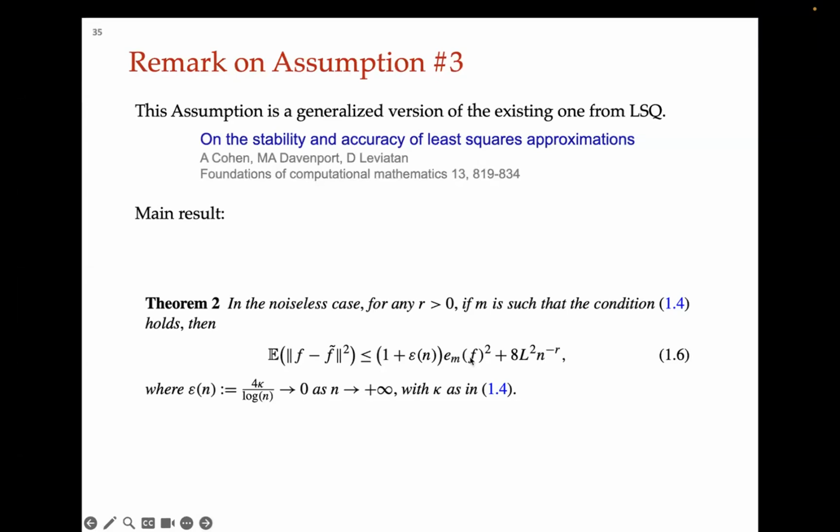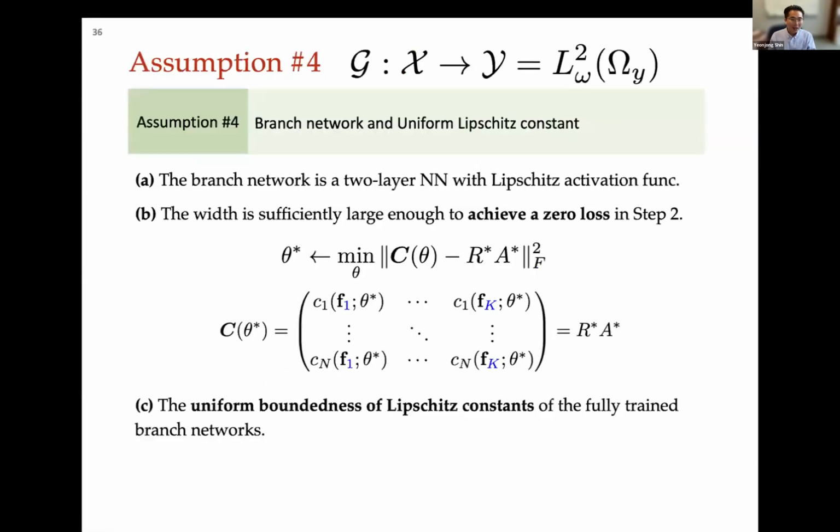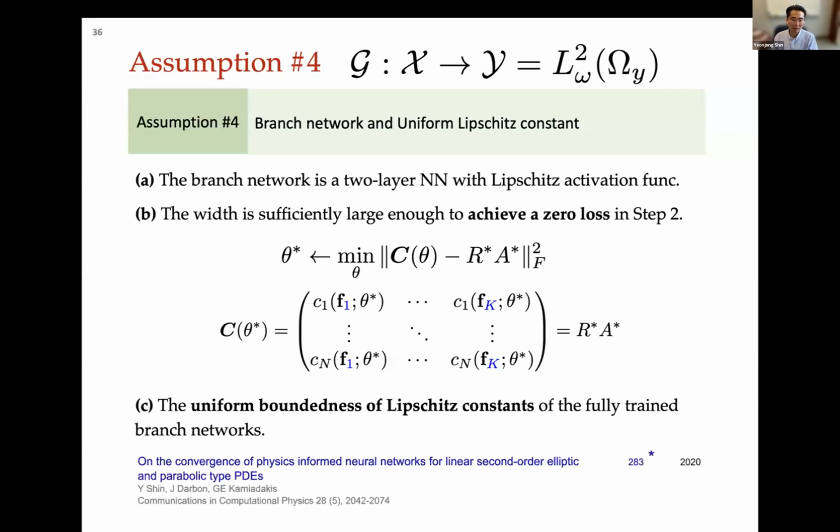Okay. Thank you, thanks for the great questions. All right, the last assumption is more or less the standard thing that is frequently used in other generalization error analysis. There are a couple of ways you can address it, but I followed the way I developed, which is the uniform boundedness of the Lipschitz constant, which I used in my first PINN analysis paper.